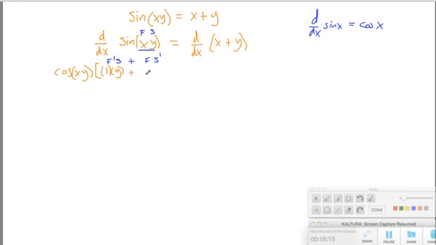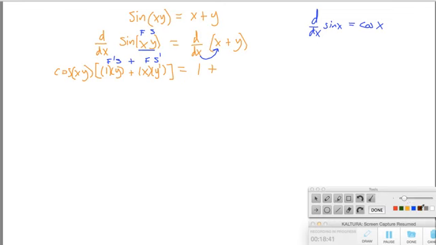First function left alone is x. Second function, take a derivative. This is the derivative of y, recall, is y prime. So that's that. Now for the right-hand side, derivative with respect to x of x is just, we know that's just 1.